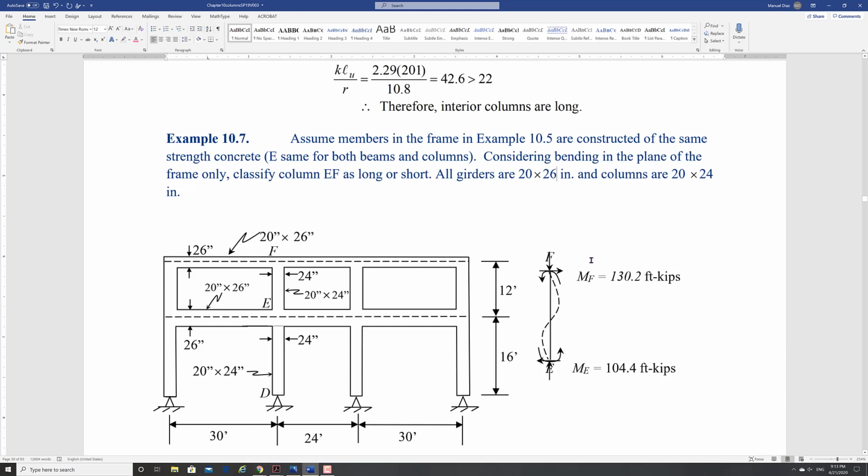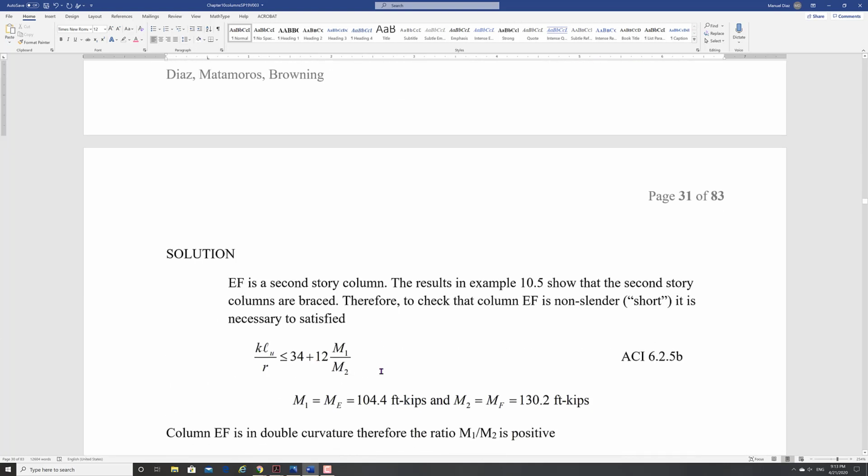And somehow you did your analysis, and you got double curvature, and you got two moments in there. So here are the lengths. So we're going to do that. Let's find out what kind of slenderness we have. EF is the second story column.